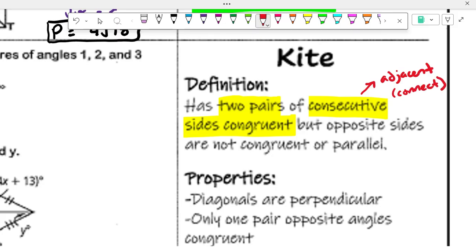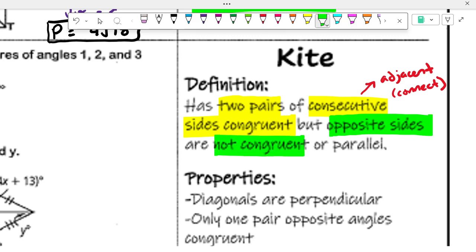So when you think of consecutive, you could think of it as one after the other. Like 1, 2, 3, 4, that's consecutive. It's one number after the other. They connect. And those sides are the congruent ones. Whereas the opposite sides, what we're used to, are not congruent. And the opposite sides are not parallel.